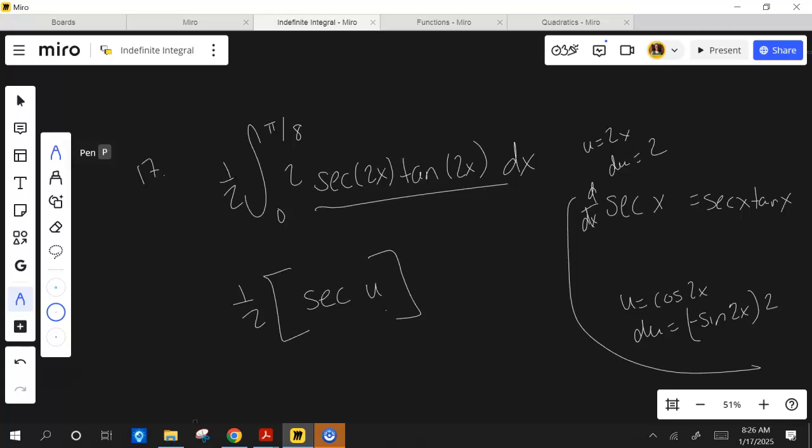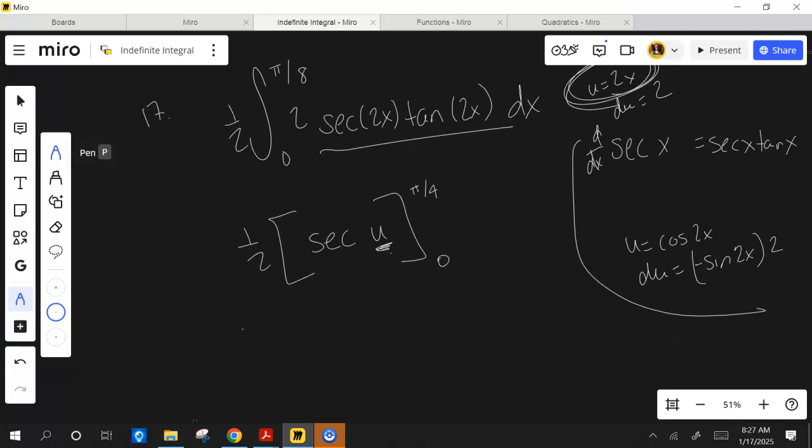That's the biggest mistake I saw y'all doing yesterday. Adjust one. So if I keep this as a u, then I'm going to need to plug into this equation. So 2 times pi over 8 is pi over 4. 2 times 0 is 0. So now all I have to do is 1/2 times secant of pi over 4 minus secant of 0.